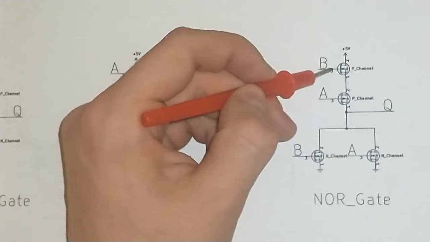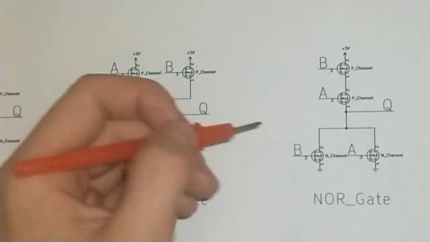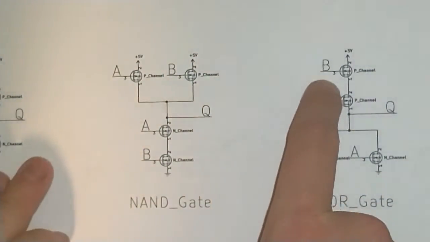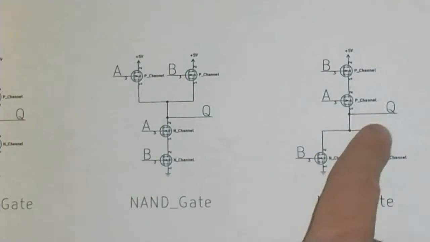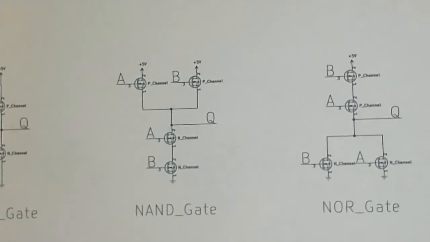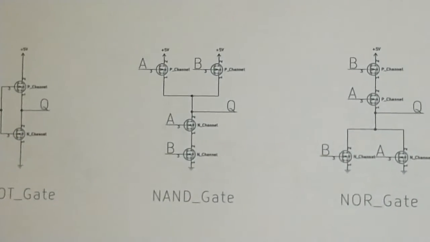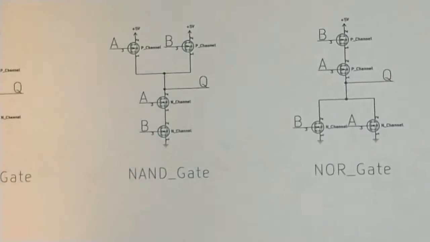If both A and B are low, then the path to ground will turn on. But so yeah, you'll have to turn at least one of these high in order for output to be low. If you turn both of them, it doesn't matter. At least one has to be high in order for Q to be low.